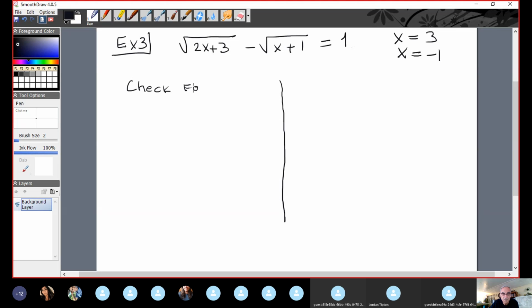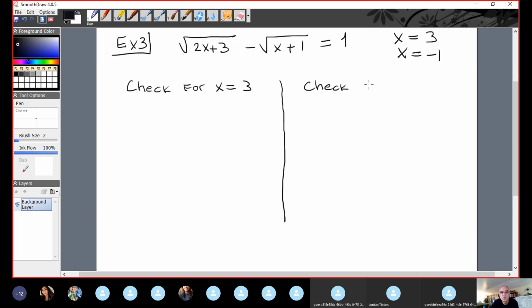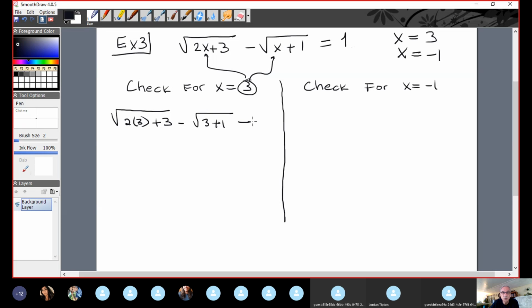For x equals 3, and check for x equals negative 1. Substitution. So, square root of 2 times 3 plus 3, minus square root of 3 plus 1, should equal 1.